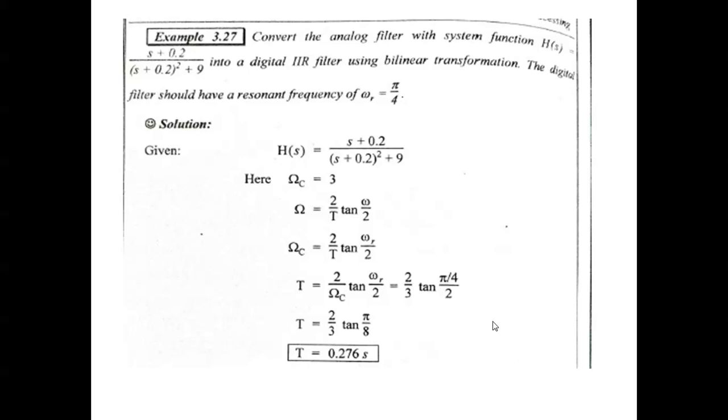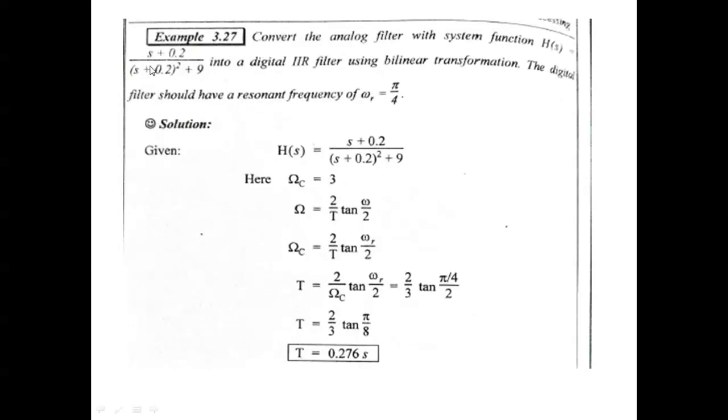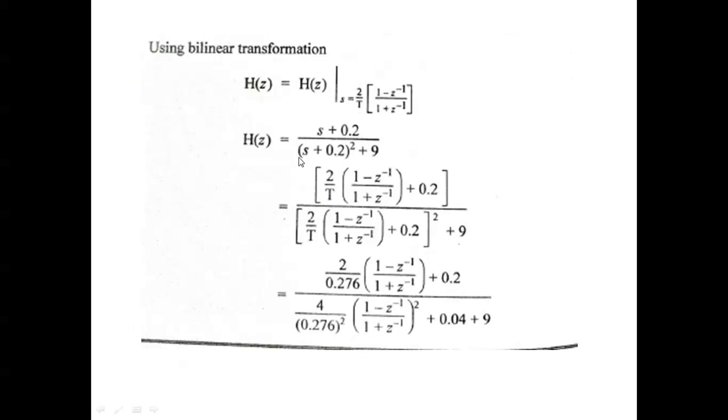So omega = 2/T tan(omega/2), so omega c = 2/T tan(omega r / 2), so T = 2/omega c tan(omega r / 2). Here simplify the equation and you get the value of T. Using bilinear transformation, this is the formula we know. Just apply it for s. Here the resonance frequency is given, that's why we have to find the T value. Then apply the value and simplify the equation.